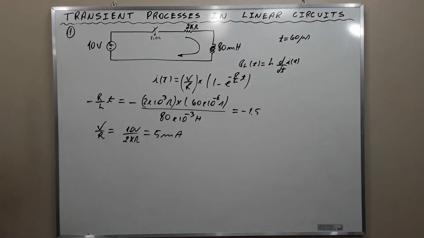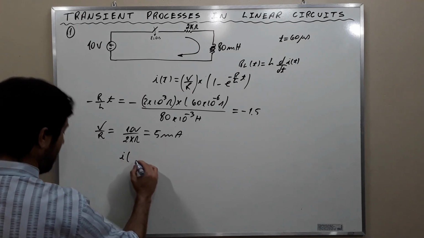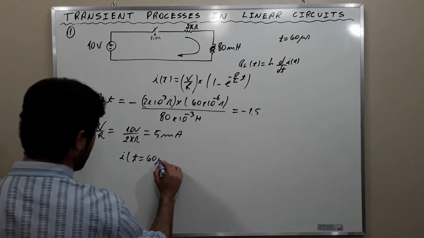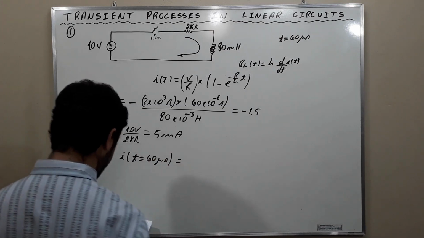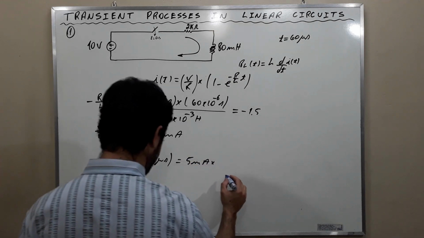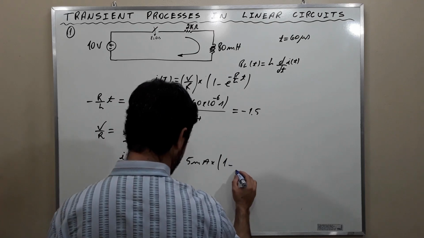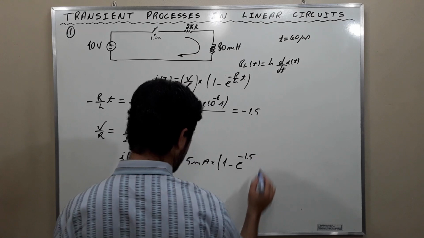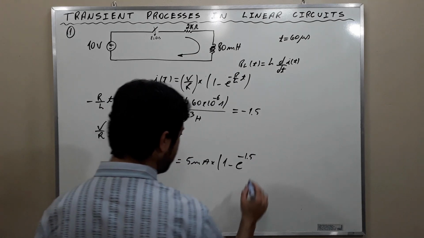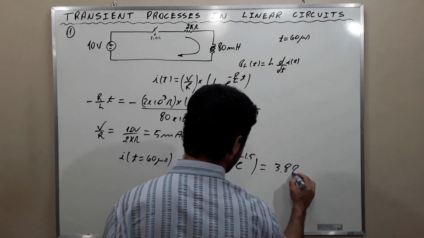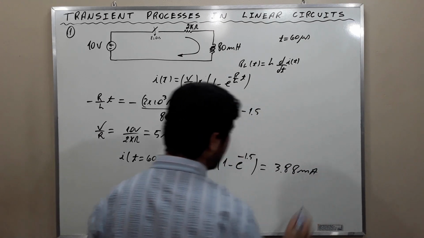We have all the parameters, and ultimately I of t at 60 microseconds will be equal to 5 milliamps times 1 minus e raised to the power of minus 1.5, which is equal to 3.88 milliamps.